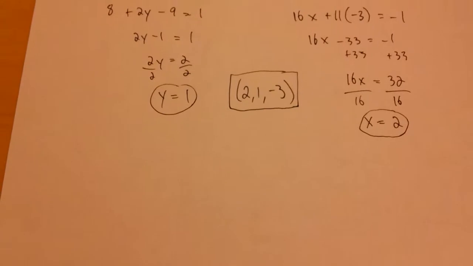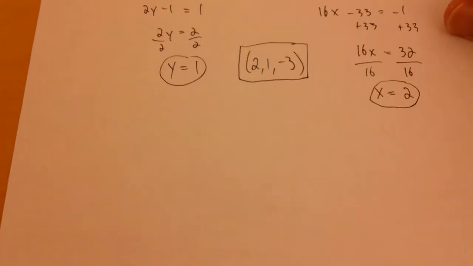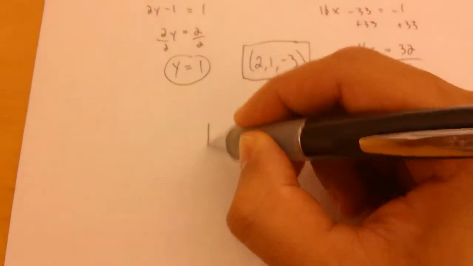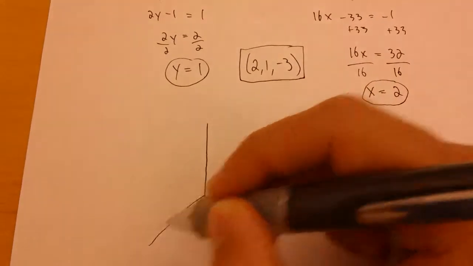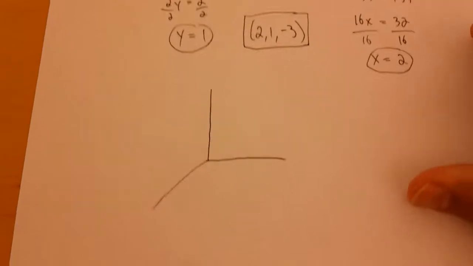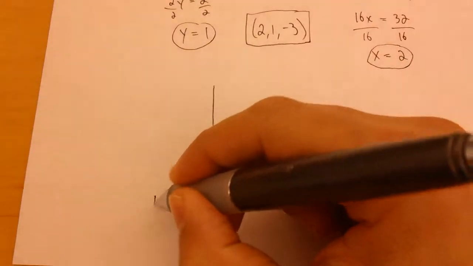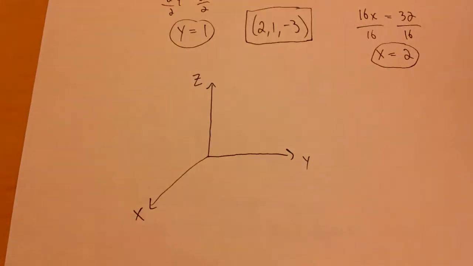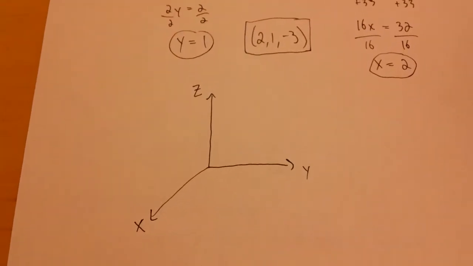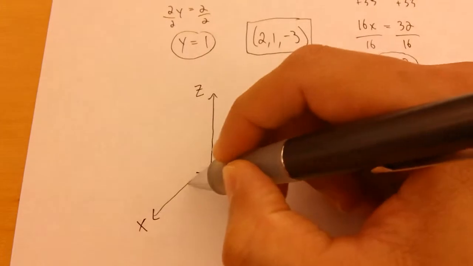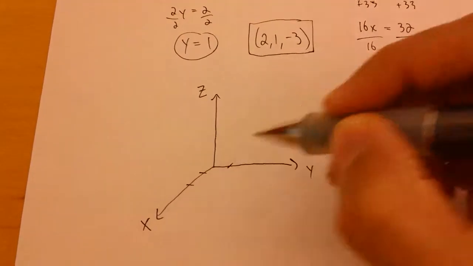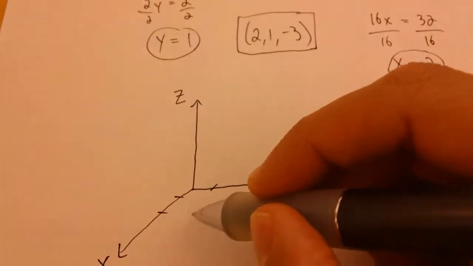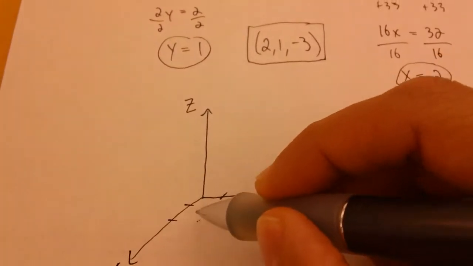And there we go. Now, if we wanted to graph it, what we would do is set up our axes. Again, this is the x-axis, this is the y-axis, and this is the z-axis. I'm going to go 2 down the x-axis. I'm going to go 1 over on the y-axis. So if I make my parallelogram or rectangle, it's going to be right about there.